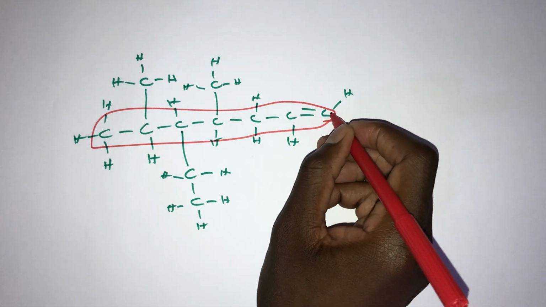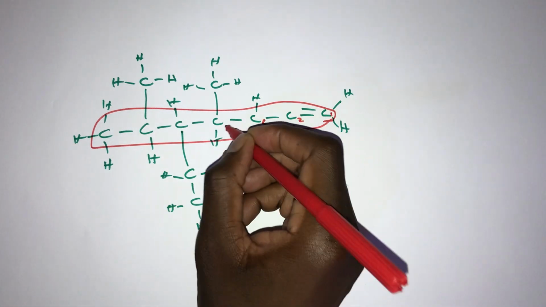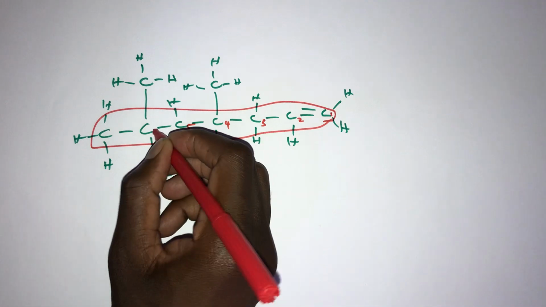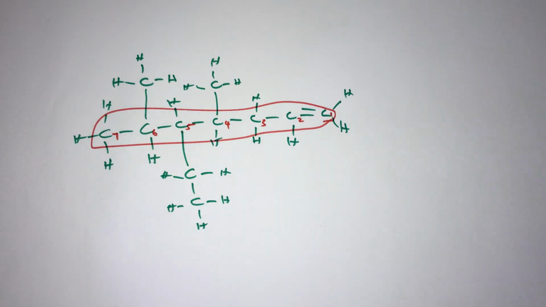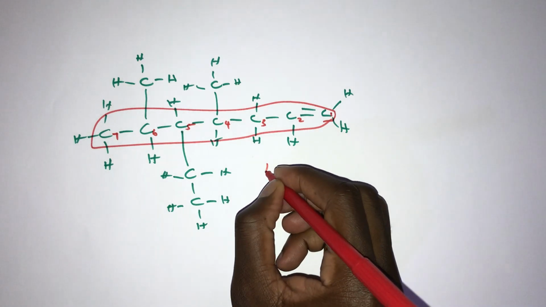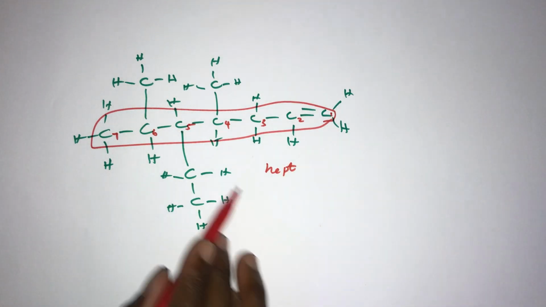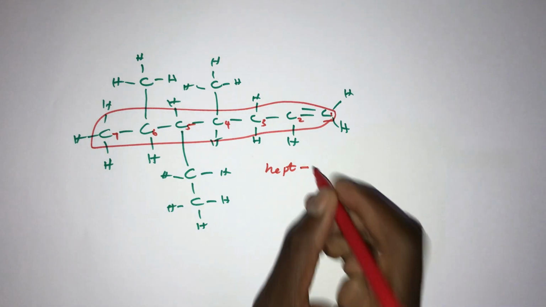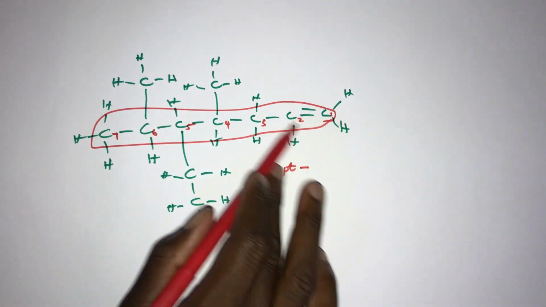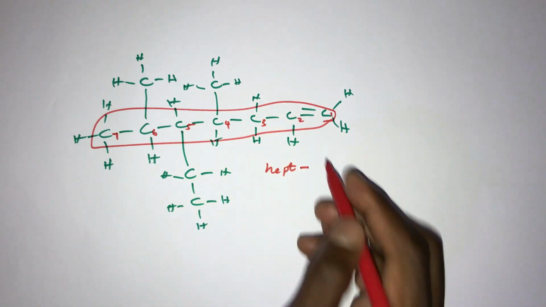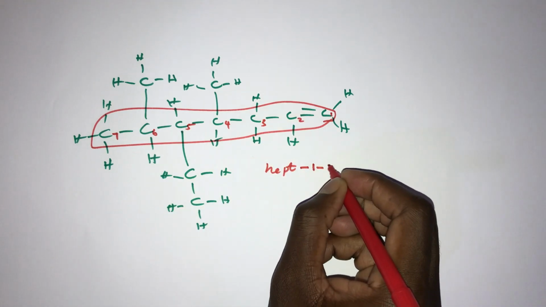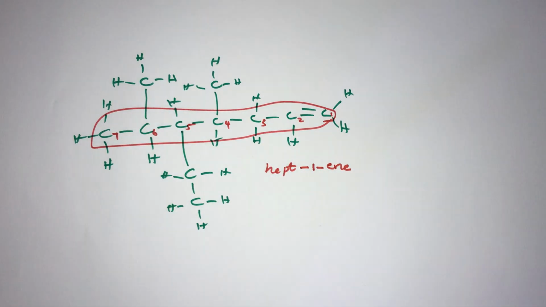So we'll start 1, 2, 3, 4, 5, 6, 7. So since it's 7 carbon atoms, we call it hept. Don't forget the T, it's hept. Then dash, check the double bond is in carbon atom number 1. So we write 1 dash ene.